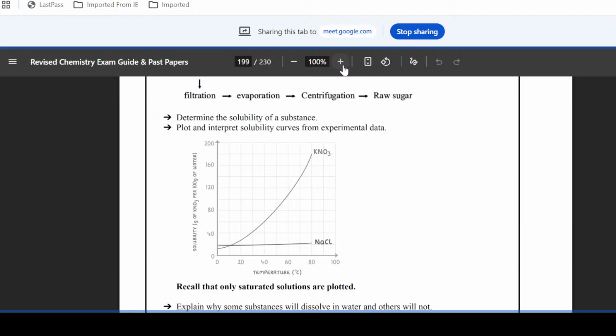So you can talk about the extent. What else can you say about it? Look at the shape and all that. The higher the temperature gets.